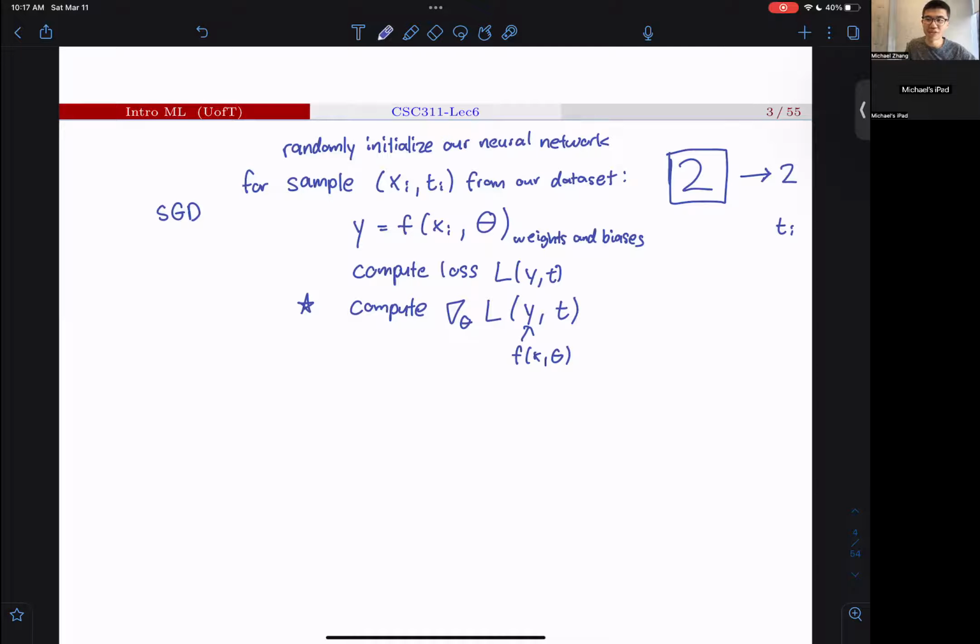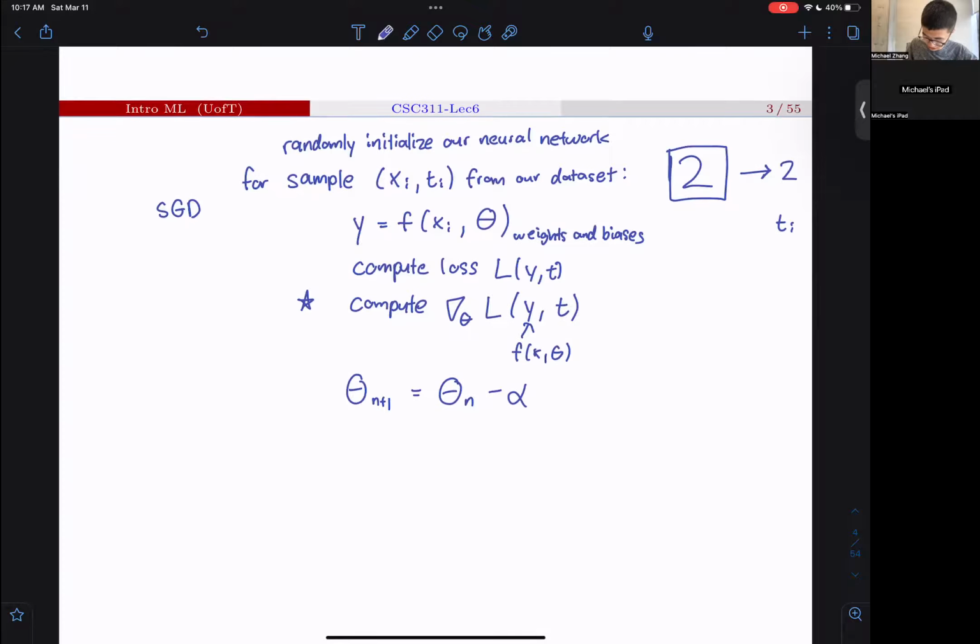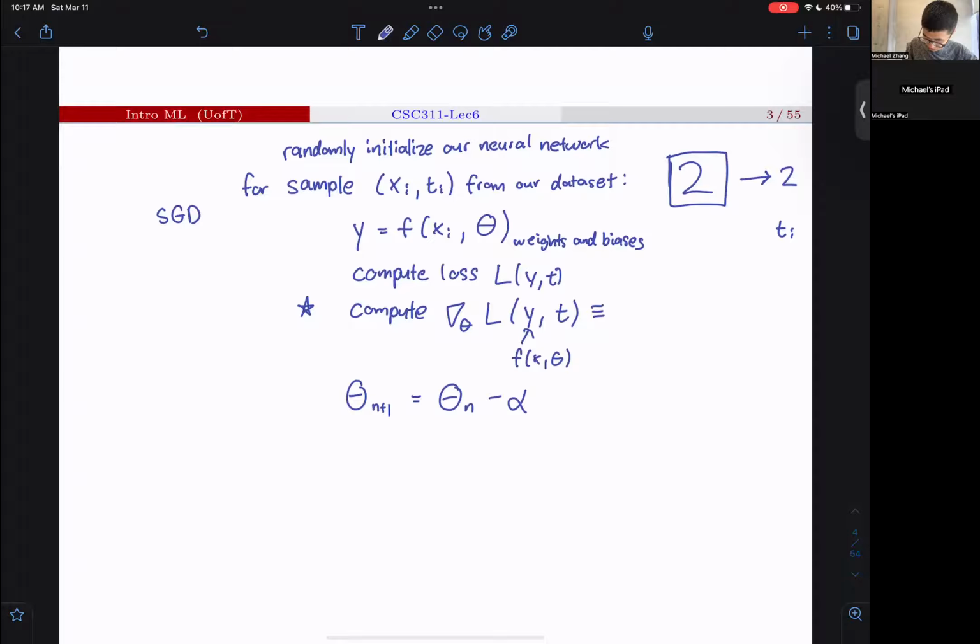And finally, once we have this gradient value, we're going to update our parameters. So theta n plus 1 is equal to theta n minus eta, or alpha, which is the learning rate, times the gradient. So we'll define this to be partial L partial theta.